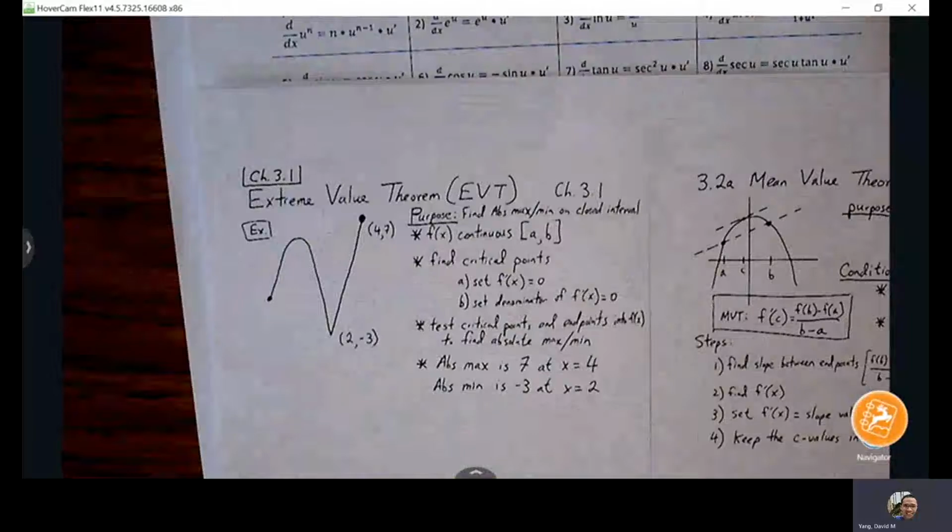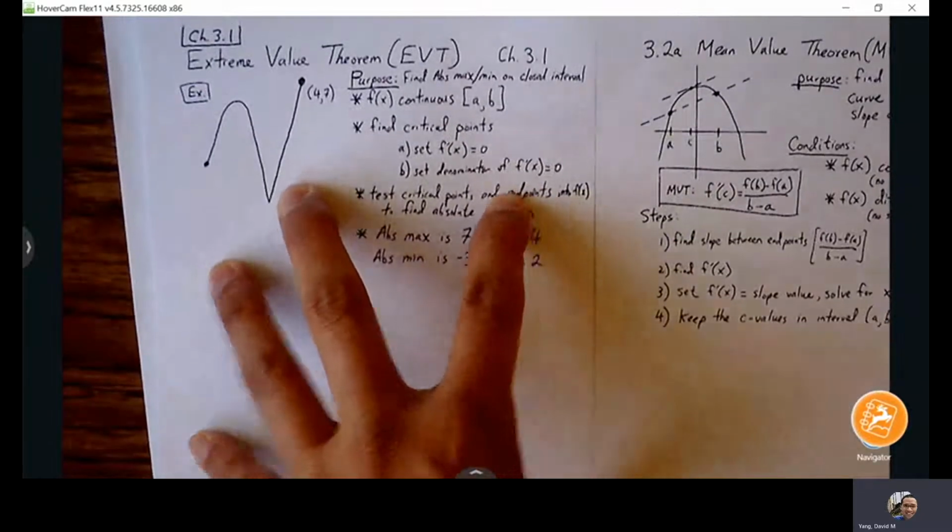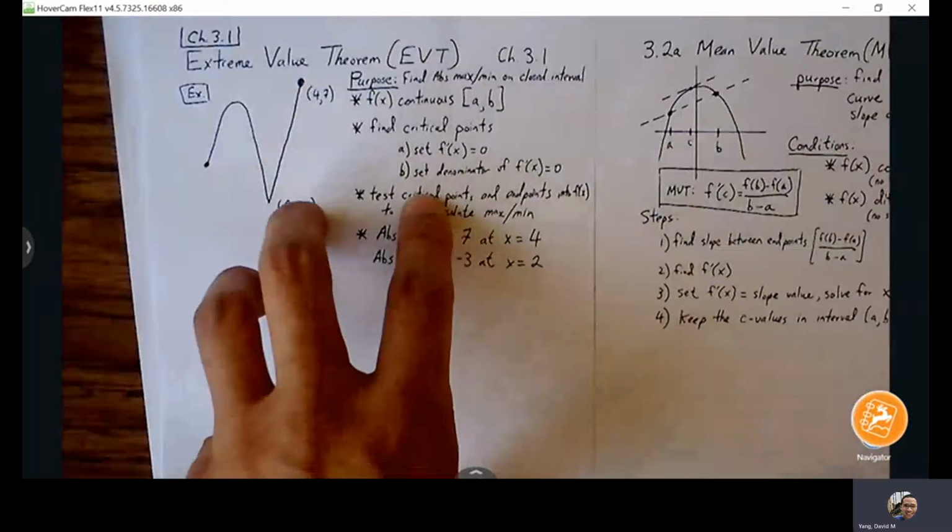Can I get a review for all the theorems that we covered in the first semester? I've given this to you in the past, but I wanted to give it out again as well.